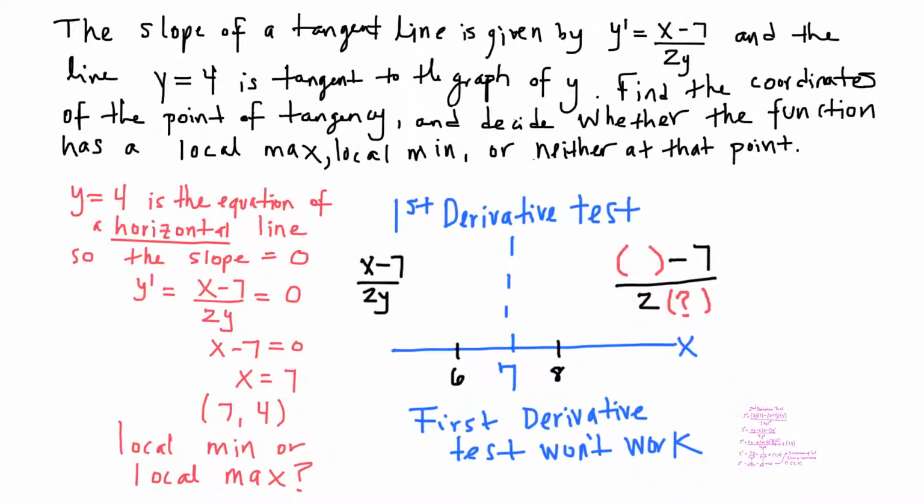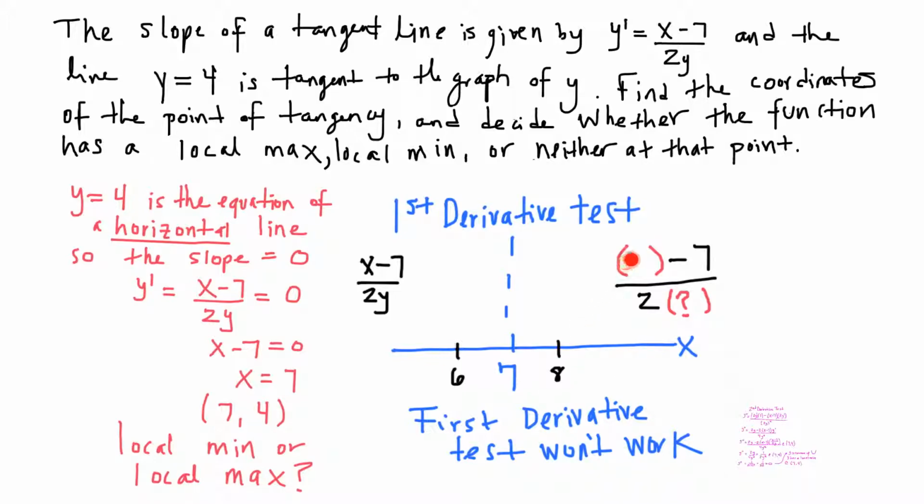But what do you notice here as part of the problem, trying to plug into the first derivative? Well, you are going to be able to plug in an x value, but you won't be able to plug in a y. And see, in the denominator we have 2 times y. But I don't know what the y value is for 6, and I don't know what the y value is for 8.